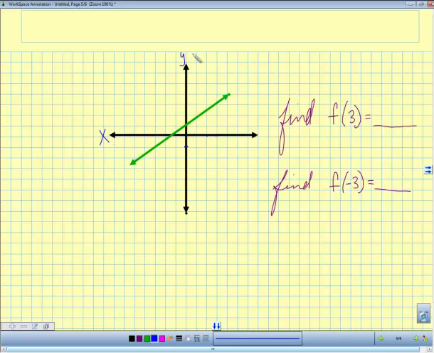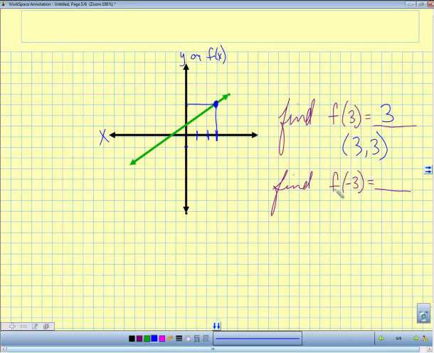Here's my y, or f of x. Okay, so I'm looking at x, and I go to 3. So I've got 1, 2, 3. And I go up and I see where it intersects. So I see what value y is, and it's 1, 2, 3. So the function value of 3 is equal to 3. So again, I can write that as an ordered pair of 3, 3.